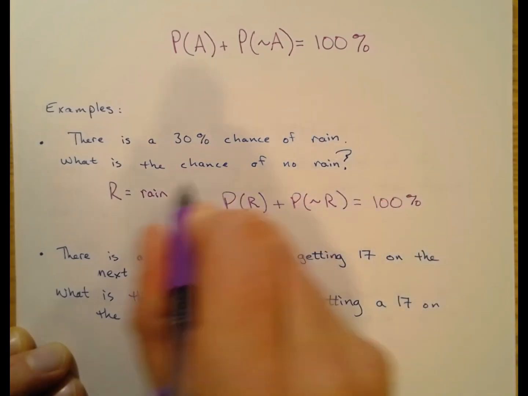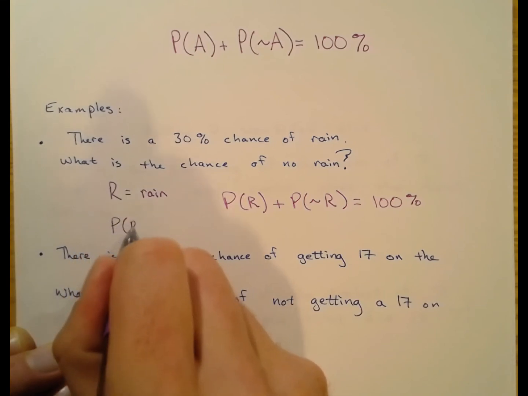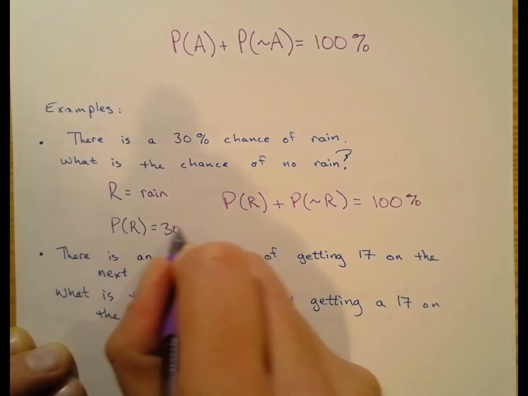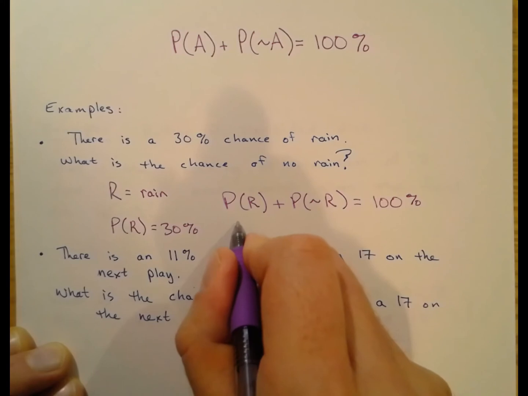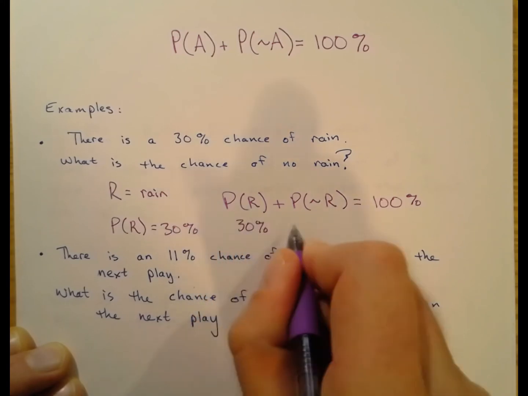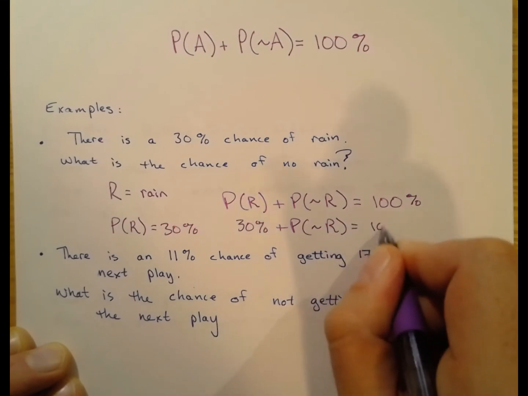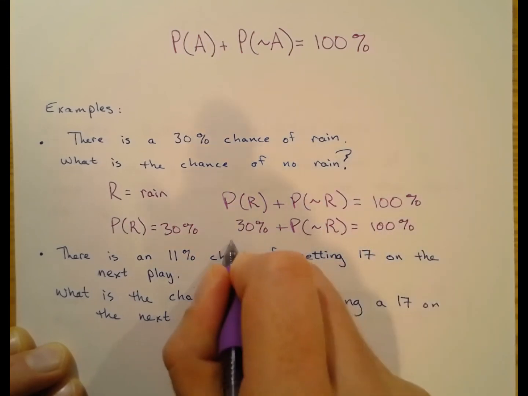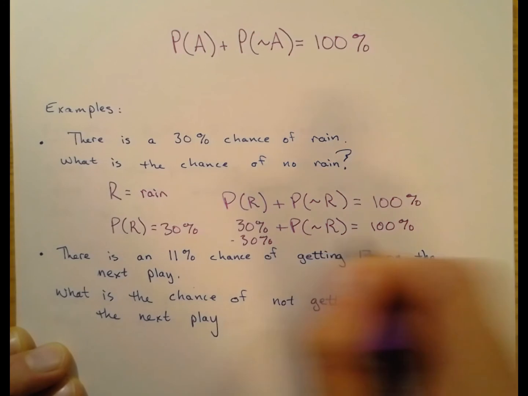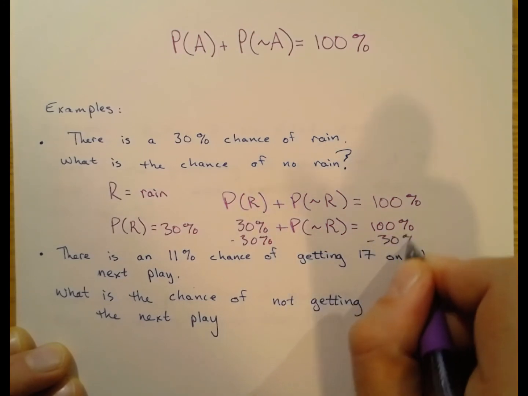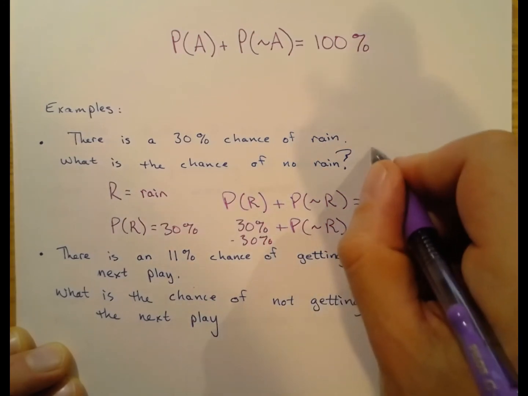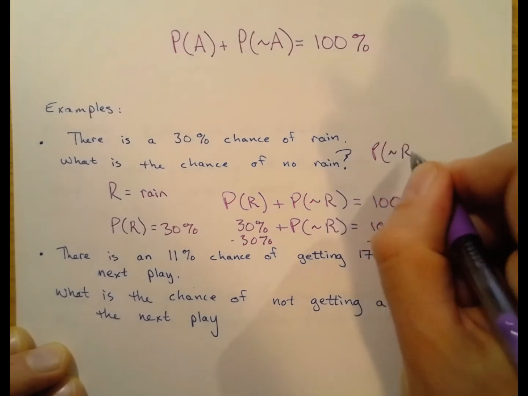Now, I've told you in the problem that the probability of it raining is 30%. So 30% plus the probability of no rain equals 100%. Subtract 30% from both sides. And the probability of no rain is 70%.